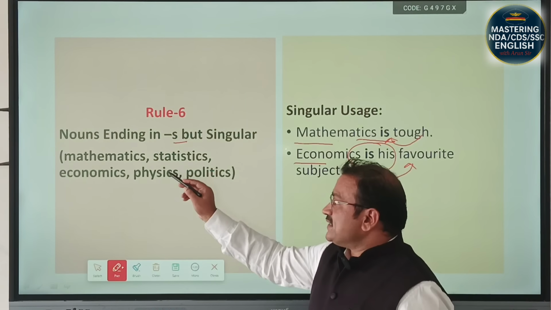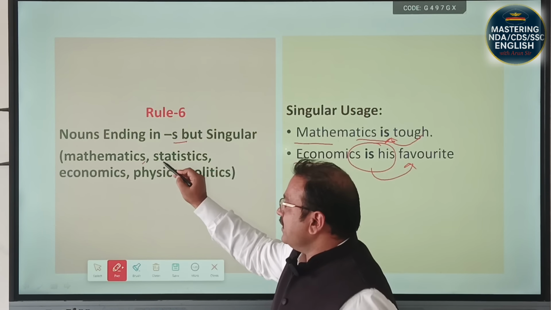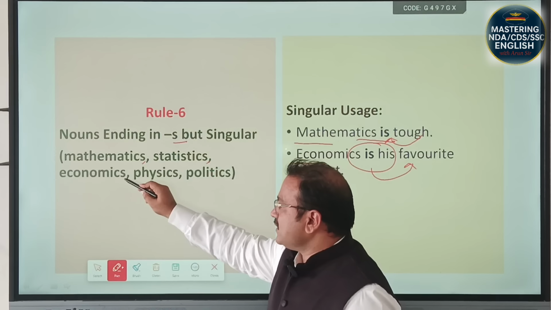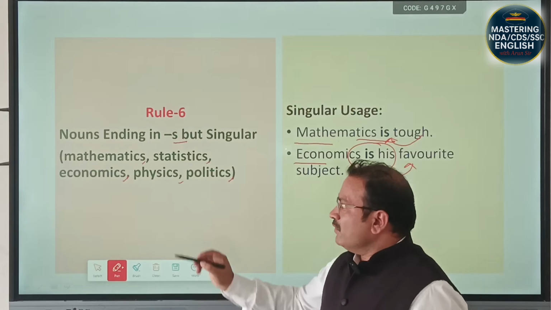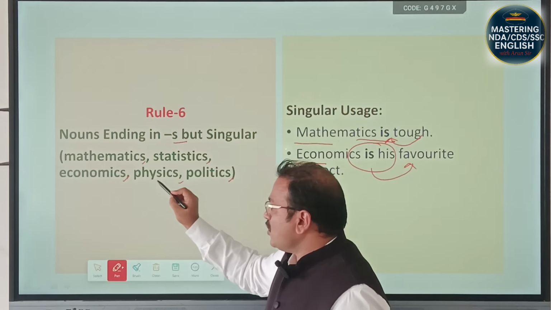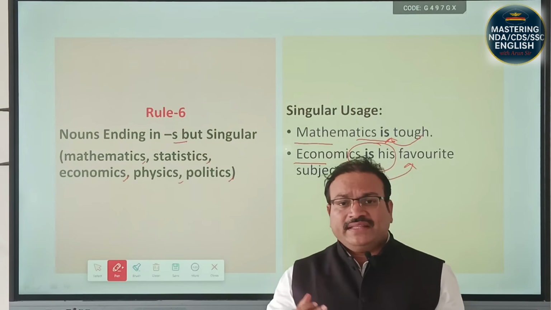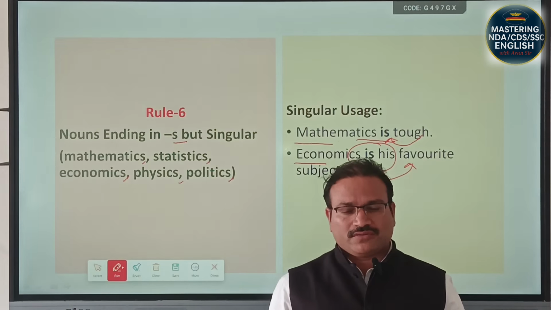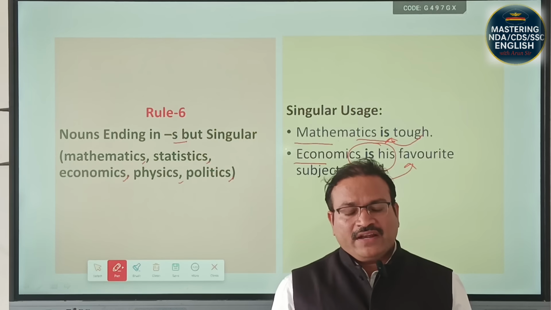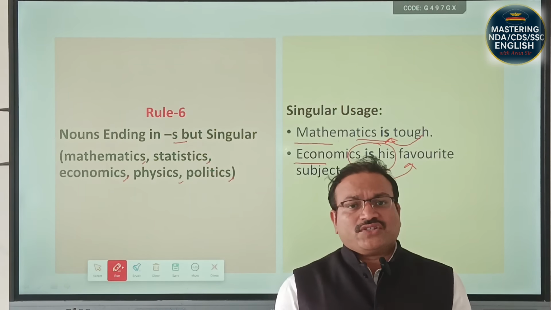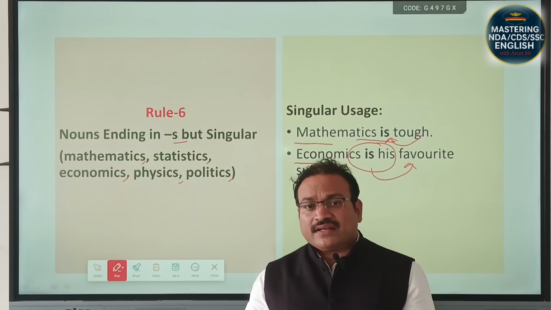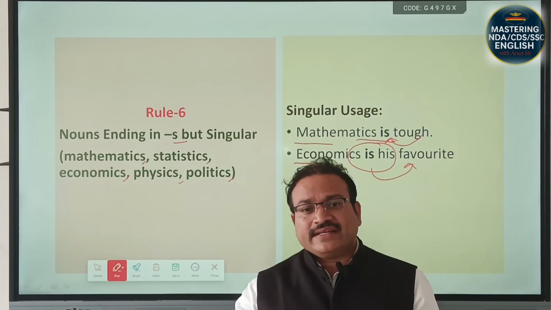But in these nouns you can see s is already there, ending in s, but they are singular. Why? Mathematics, statistics, economics, physics, politics. These are fields of study. And when these nouns are treated as fields of study, they are singular and take a singular verb.